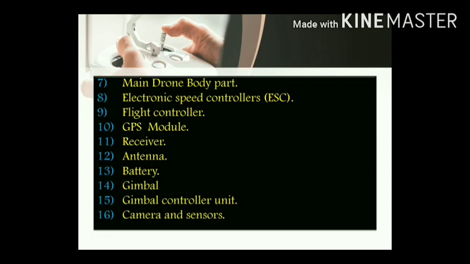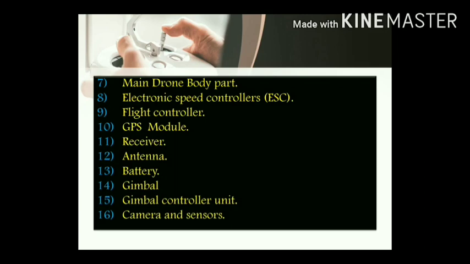Eighth one is the electronic speed controller. Electronic speed controllers are essential components of modern drones, which offer high power, high frequency, high resolution, three-phase AC power to the motor in an extremely compact miniature package.